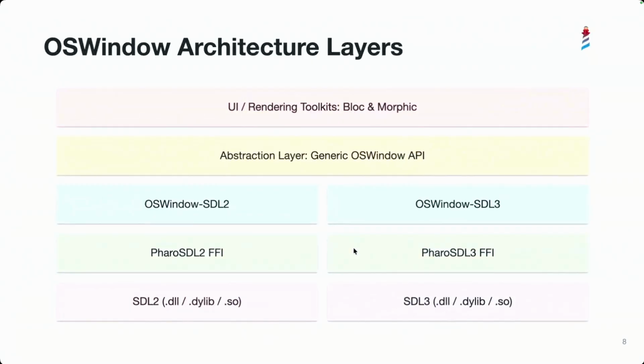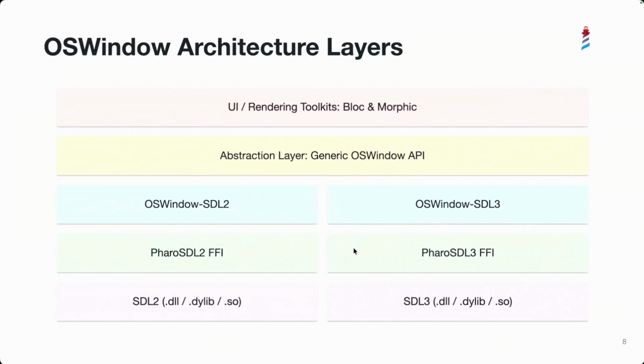The idea is that we introduce SDL3 as an alternative to SDL2, which was already present in the Pharo image, and we are going to use it not only in Bloc but also in the Morphic world, until we remove Morphic eventually, but we are going to profit from having SDL3.